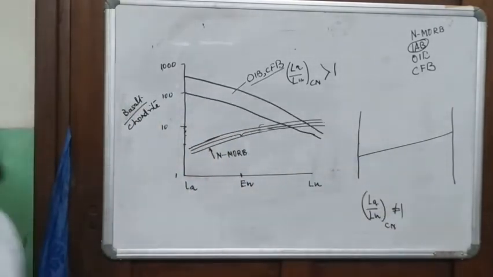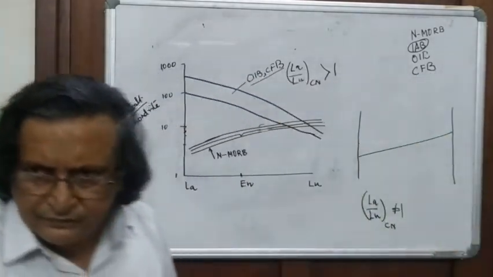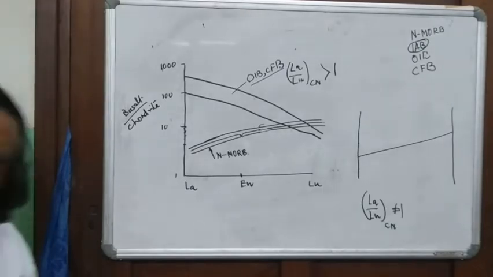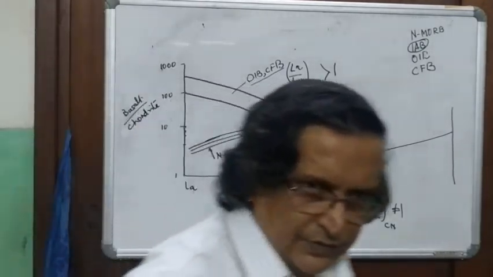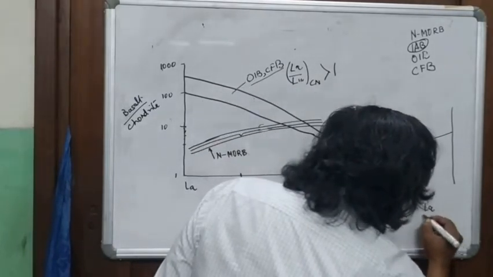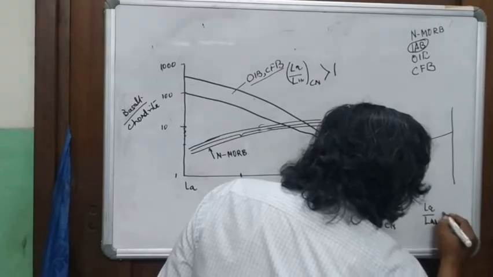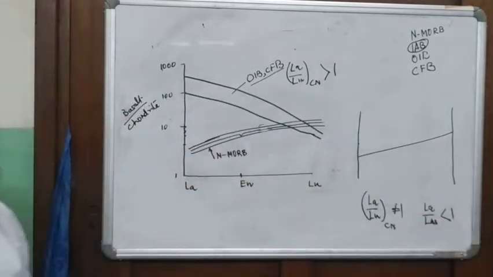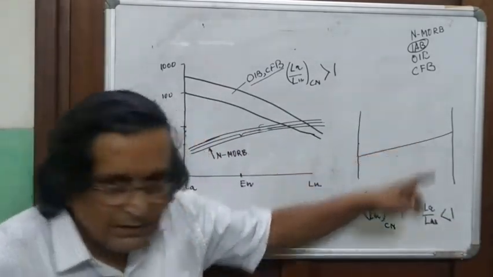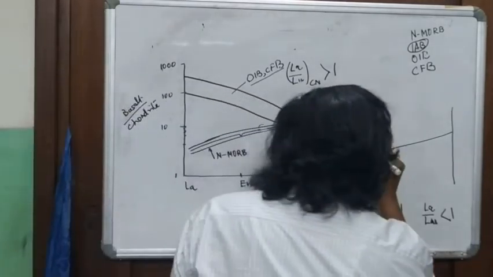Then what would have happened? Have you understood? Then what would have happened? Because here, as I see in this diagram, La by Lu is less than 1 for the mantle. Have you understood?